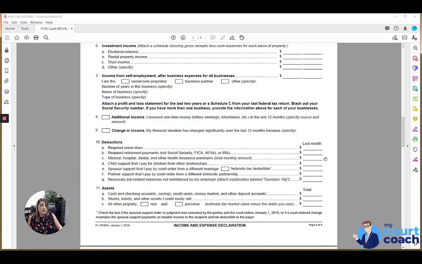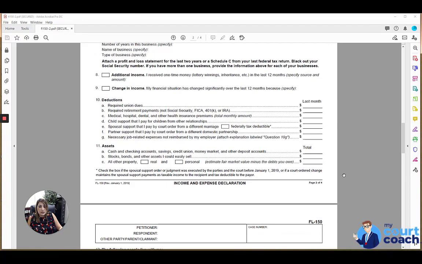If you have children from another relationship that you are currently paying child support for, you would list that in 10D. If you are paying spousal support for a different relationship, you would list that in 10E. And again, if this is stemming from an order prior to 2019, it probably is deductible, so you would mark that box. Partner support, if you are paying partner support, you would list that in 10F. And job-related expenses not reimbursed by your employer, you would list that in 10G, and you would also need to attach a separate sheet of paper to this explaining what those job expenses are.